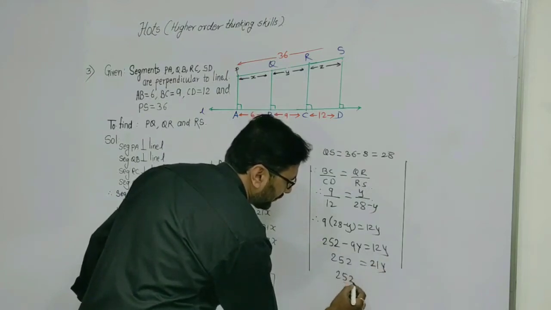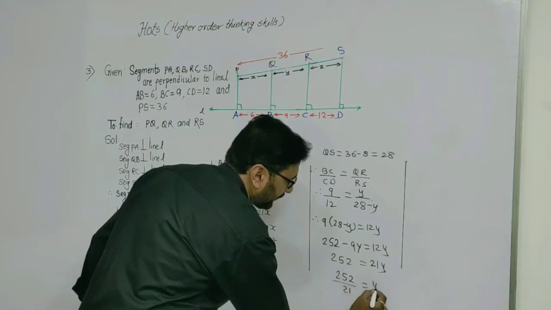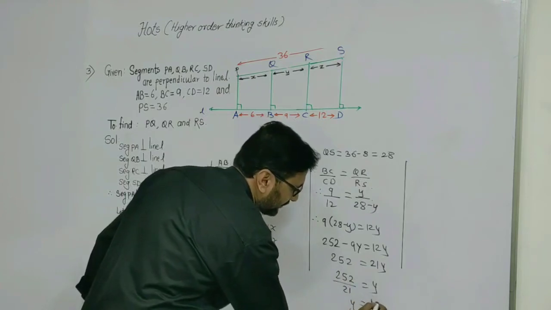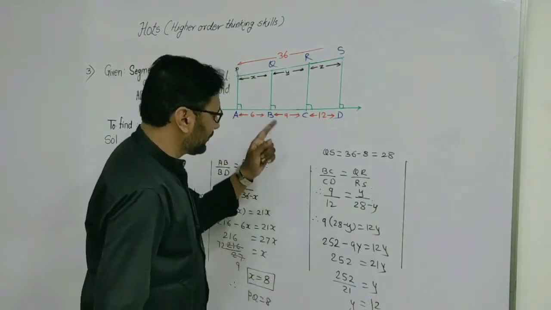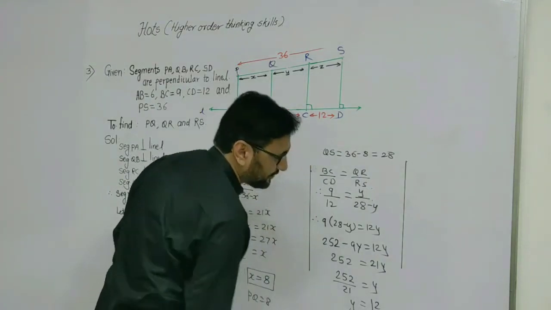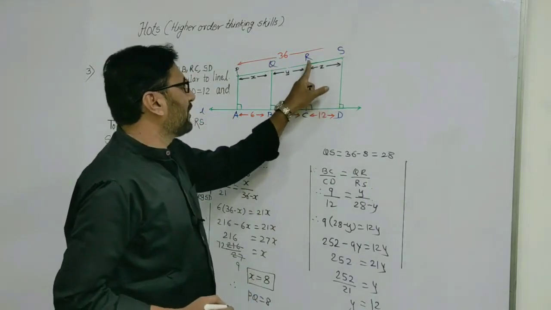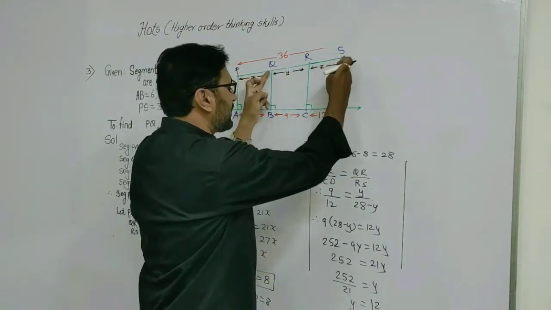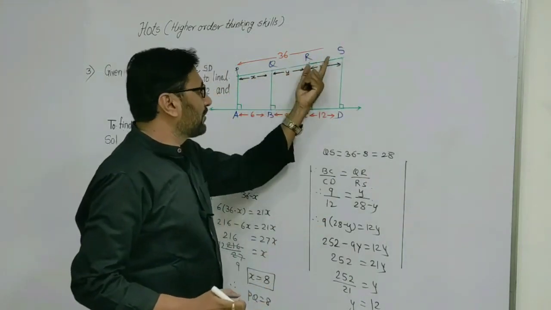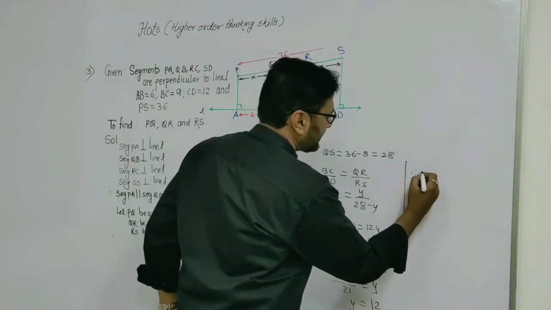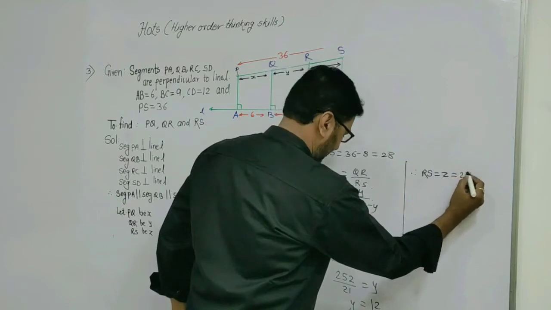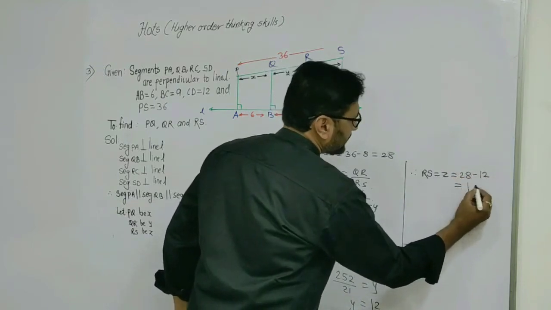So 252 upon 21 is Y. So Y is equal to 12. That is QR is equal to 12 units. How to find Z? You know already this length is 28. Out of this length is 12. So what about RS? Therefore RS or Z is equal to 28 minus 12, which is equal to 16 units.